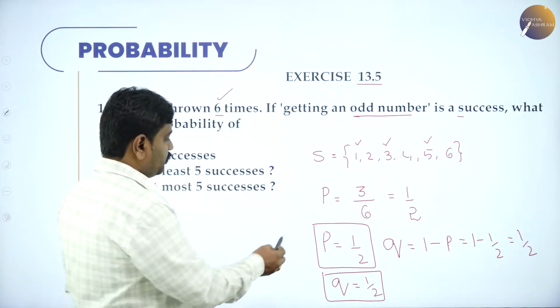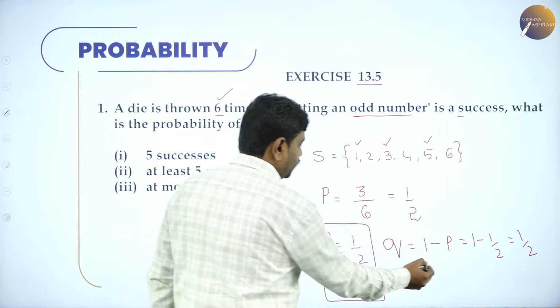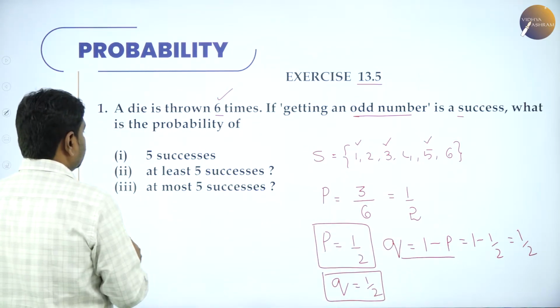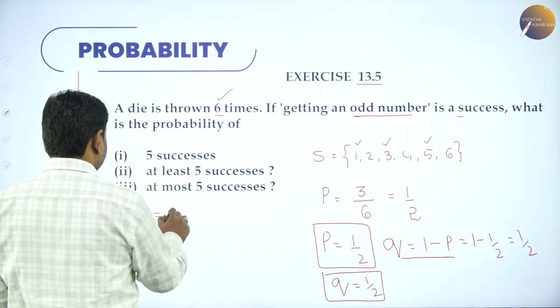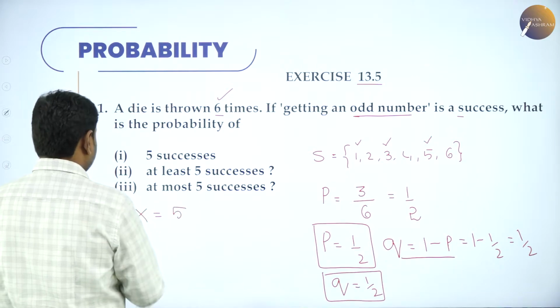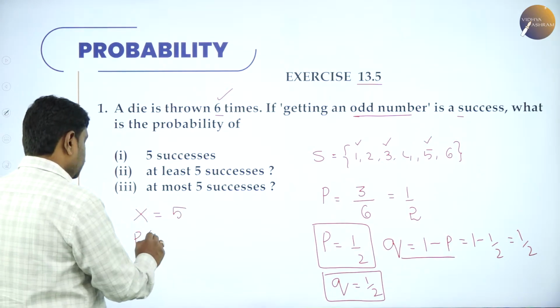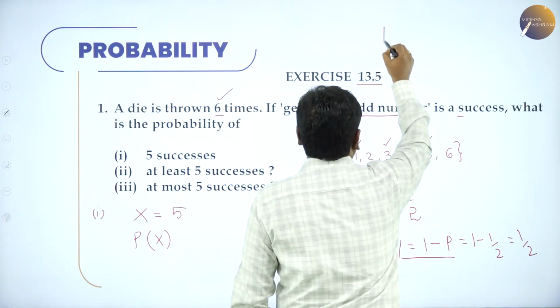So now P, probability of success, is 1 by 2. Q, probability of failure, is calculated using the formula 1 minus P. Then they want 5 success. 5 success means X is exactly 5. So first one, 5 success. So we should repeatedly use the formula for P of X. What is P of X?